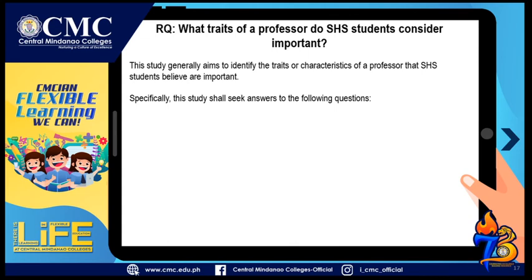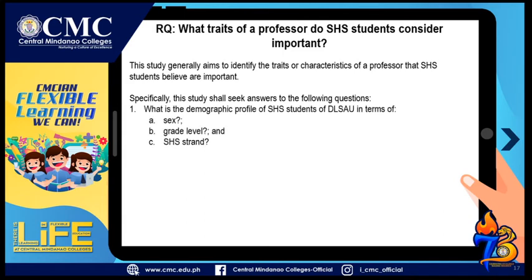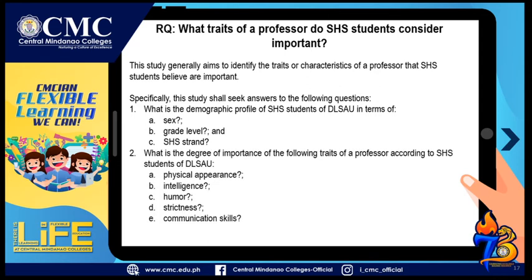So specifically, this study shall seek answers to the following questions. First, demographic profile. Pwede. Professor, gender, grade level, strand, 11-12.